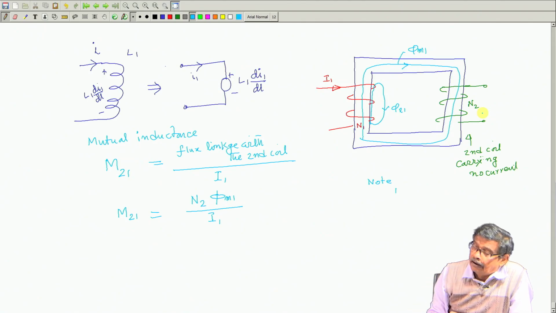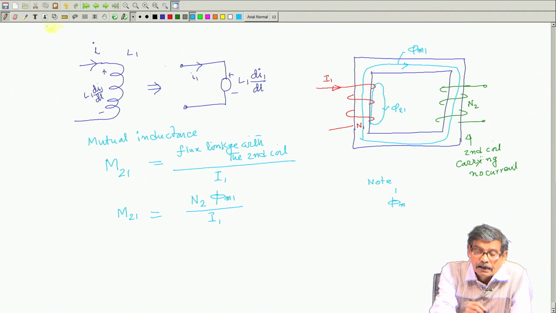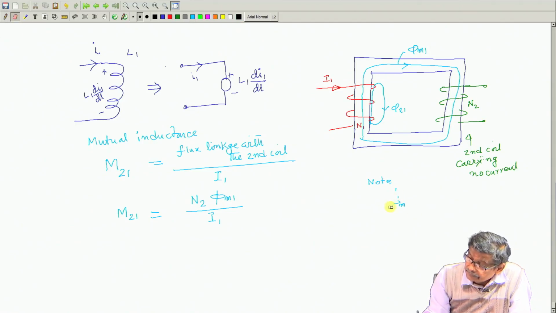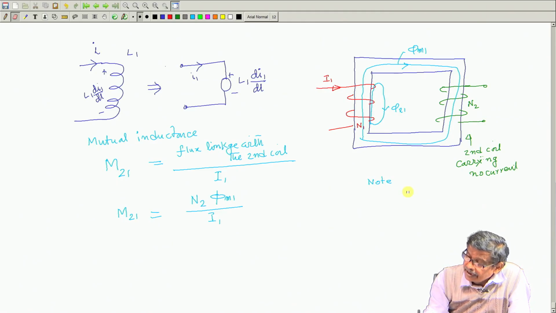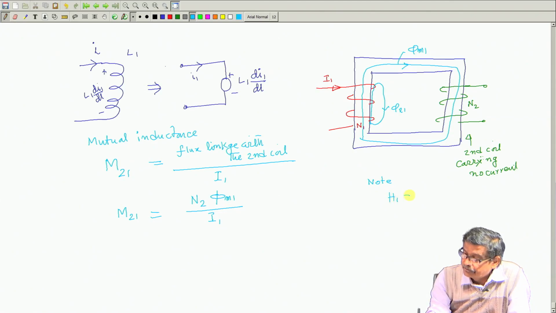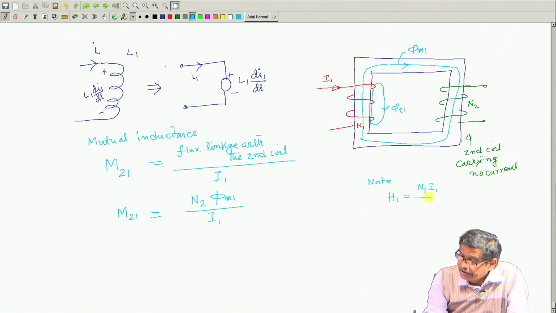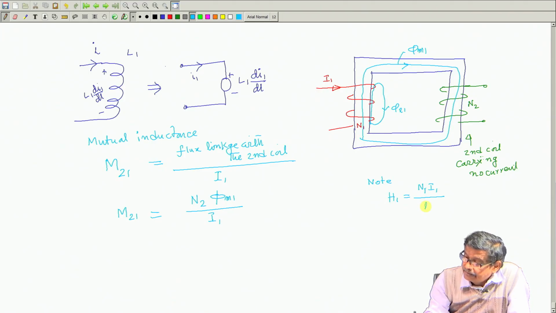So, note that phi m1, how to calculate phi m1? Anyway, I will do it like this. Note that H1 produced by the first coil will be N1 I1 divided by L. What is L?